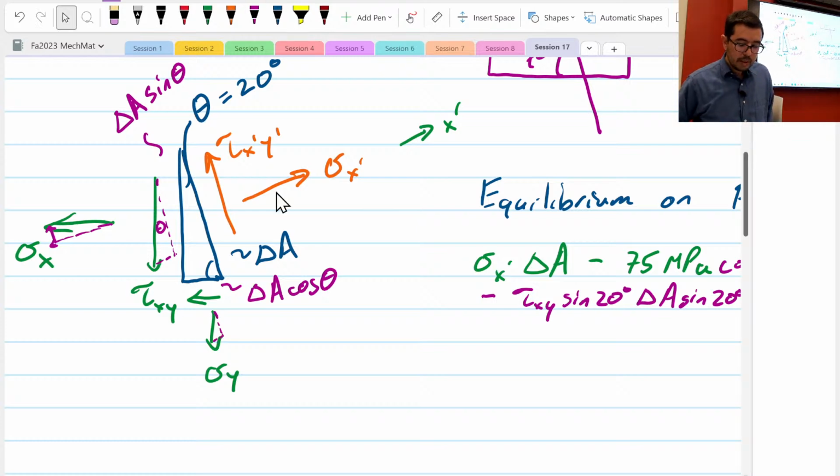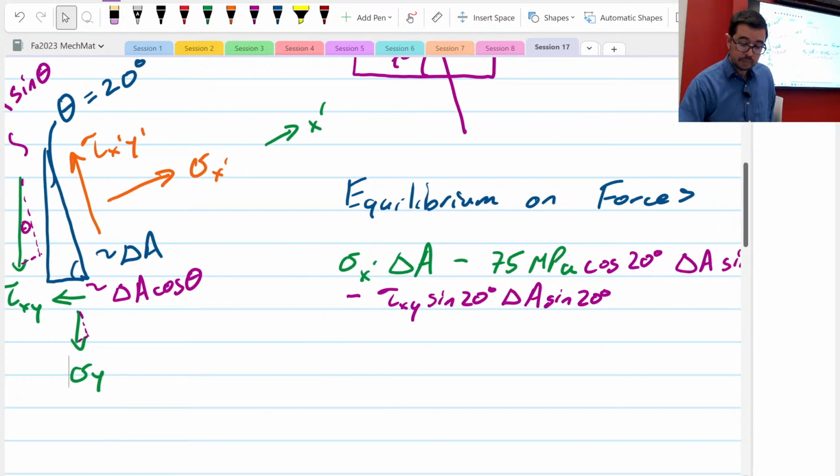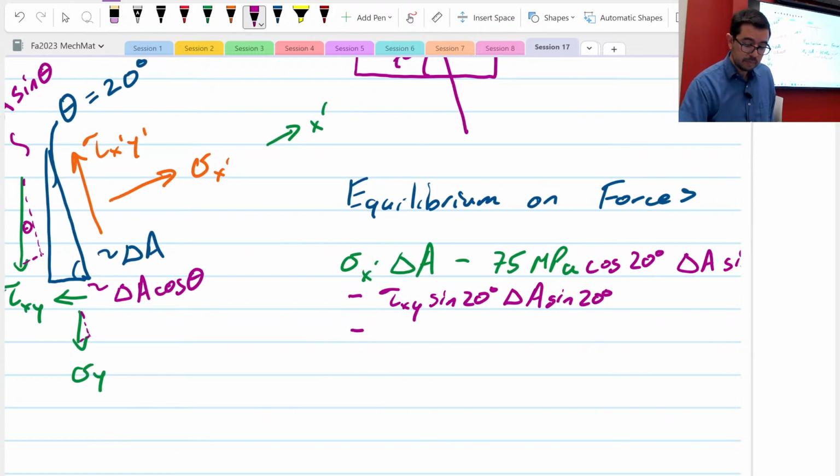That's contributing again in the opposite direction of x prime, so it's going to be minus. And is that a cosine or a sine? It's going to be a sine. Okay? On the delta A cosine face.